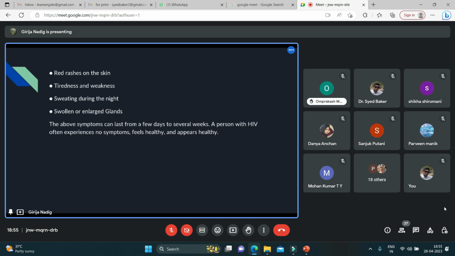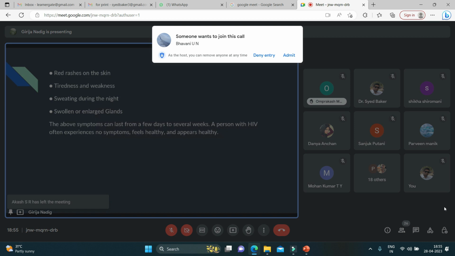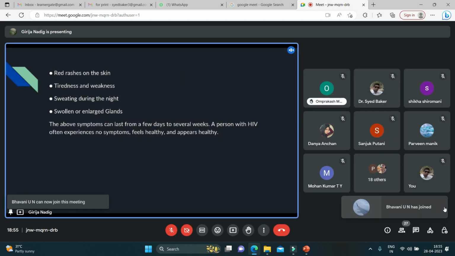Examples include esophagitis, that is an inflammation of the lining of the lower end of the esophagus, infections to the nervous system, that is acute aseptic meningitis, subacute encephalitis, peripheral neuropathy, pneumonia, some cancers, sarcoma, invasive cervical cancer, lung cancer, rectal carcinomas, head and neck cancers, cancers of the immune system known as lymphomas, toxoplasmosis, a disease caused by a parasite that infects the brain. It can also cause disease in the eyes and lungs, tuberculosis, etc.